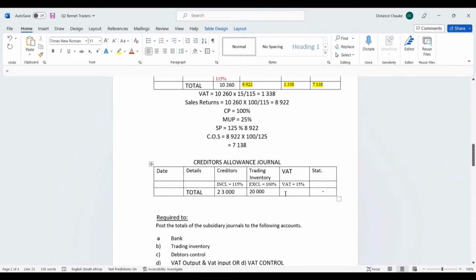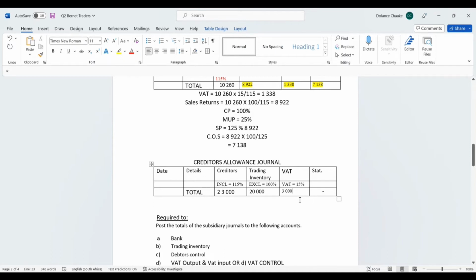I want to see if people were listening. Your VAT is 3,000. It's not even that difficult. You can just say 23,000 minus 20,000, you get 3,000, or you can say 23,000 multiplied by 15 divided by 115. We're still going to get your 3,000.